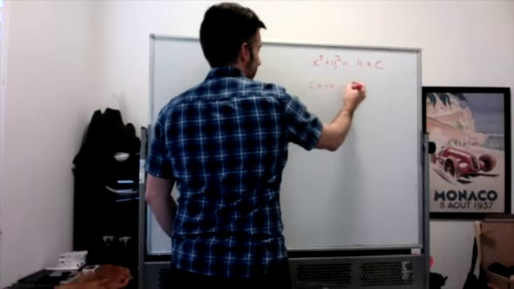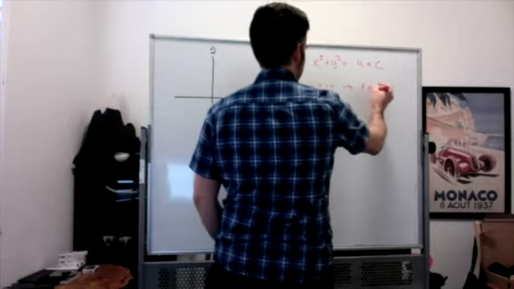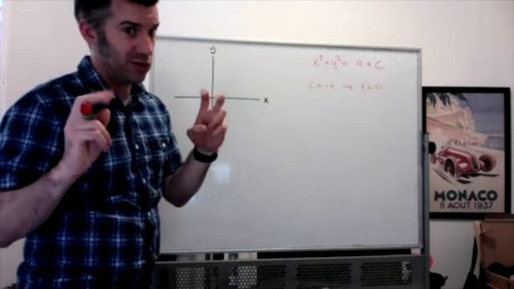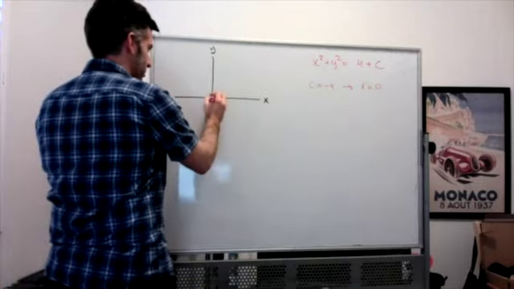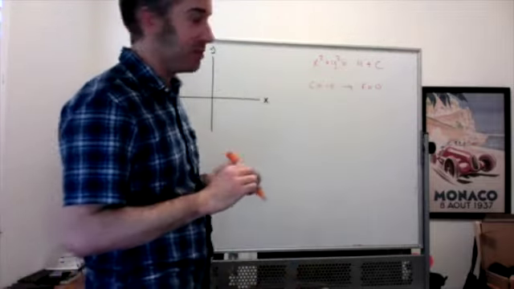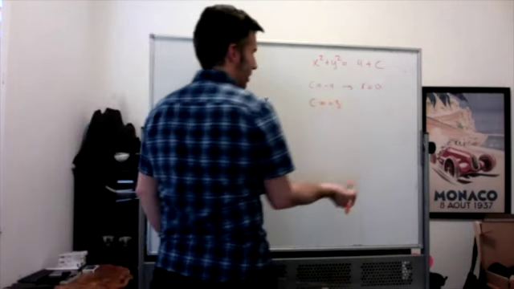If c equals -4, you have a radius that is 0, so you get just a point. I use different colors to make it look nice. Then let's pick some convenient values. Let's pick c equal to -3.